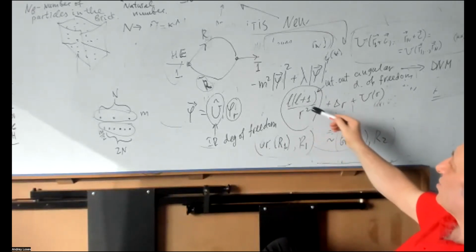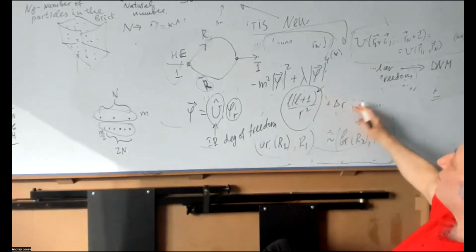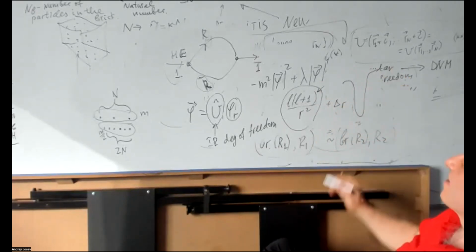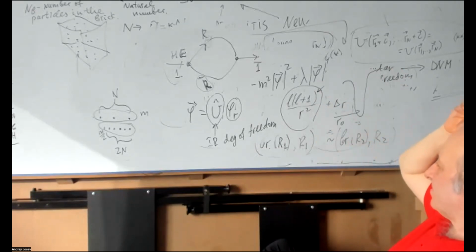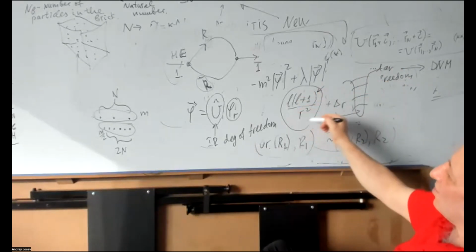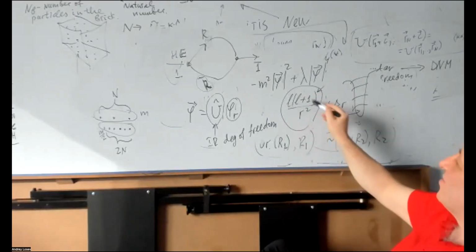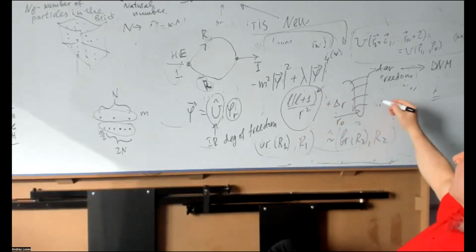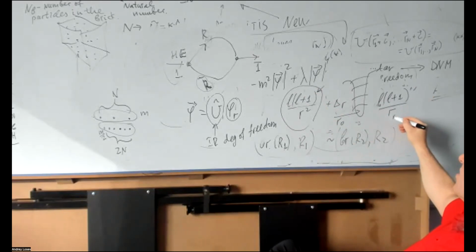So it makes sense to call it low energy if U of R is something like this. Here we have R naught. So here we have high frequencies where you have radial excitation, and you have quite simple frequencies that you have from angular momentum, that are L plus 1, I mean energy, over R naught squared.